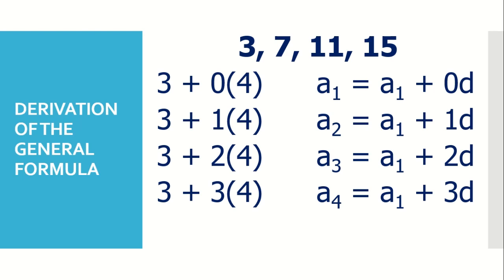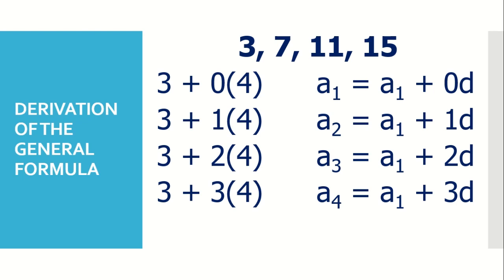Or in symbols, we have a sub 1 is equal to a sub 1 plus 0 times d, or simply a sub 1. A sub 2 is equal to a sub 1 plus 1 times d. A sub 3 is equal to a sub 1 plus 2 times d.